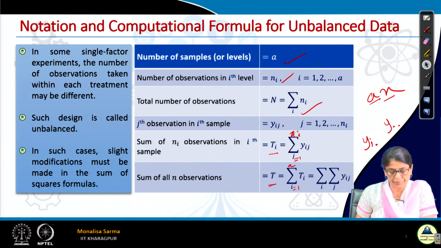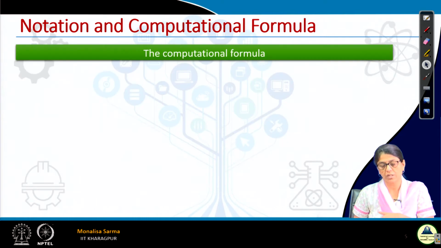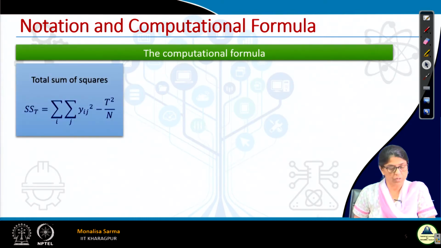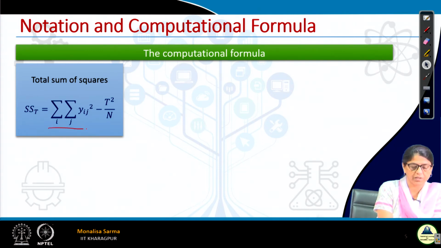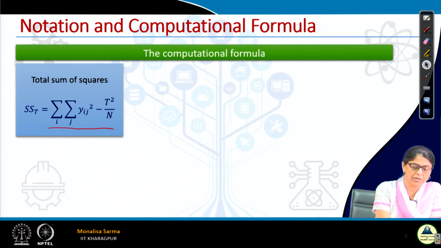Fine. So, since there is this difference, it will be reflected in the computational formula also. Okay. So, how will it be reflected? Our SST is now this. You can do this by yourself and you will see. In SST, y i j, j will go from 1 to n i.